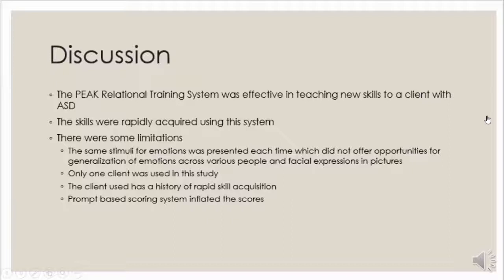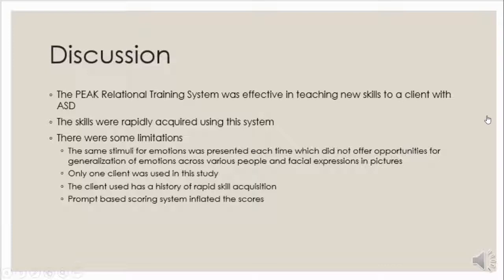The client used did have a history of rapid skill acquisition, which was a little bit of a limitation because we weren't able to see what it might look like for an individual that has a slower skill acquisition history. So the graph pretty much shot up from 60% to 100%, whereas with some other clients you might see a score of 10% and then increasing to 26 and then 48, and we didn't really get to see that with this client.